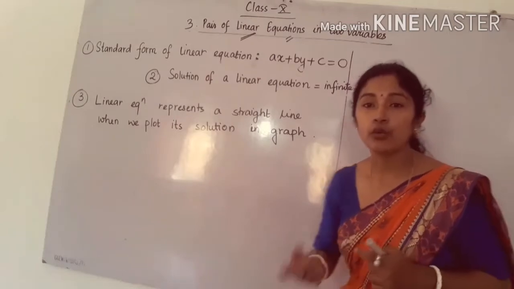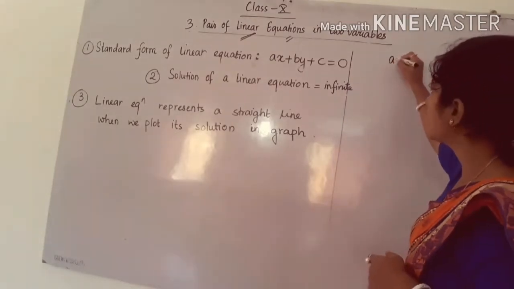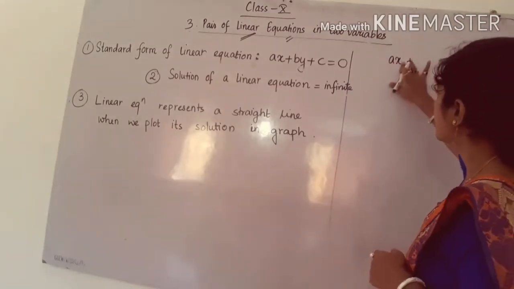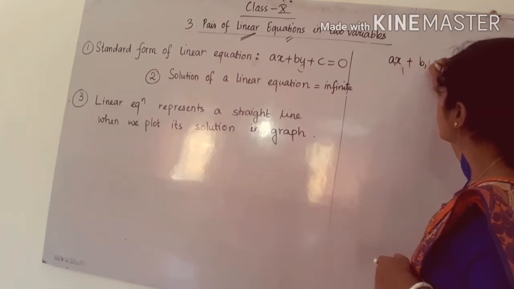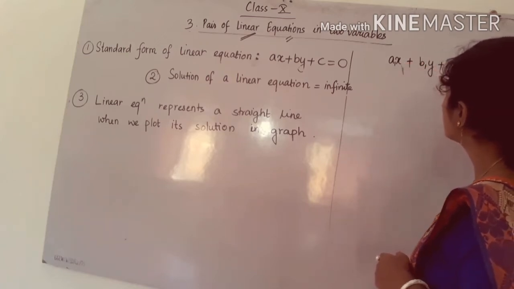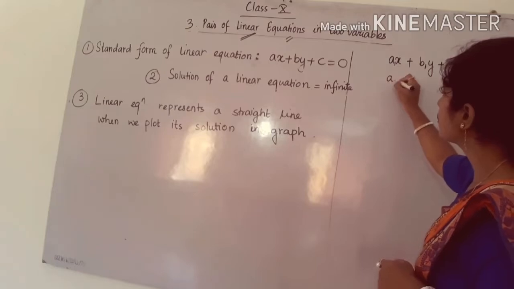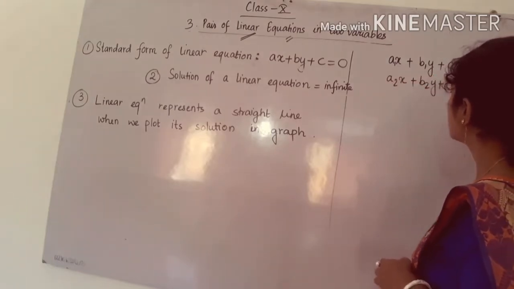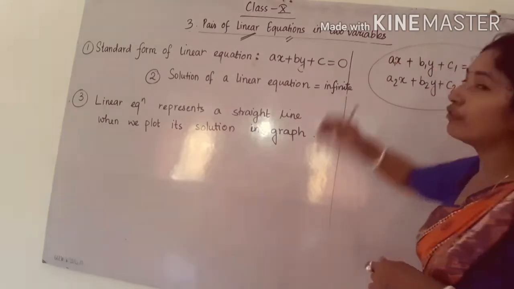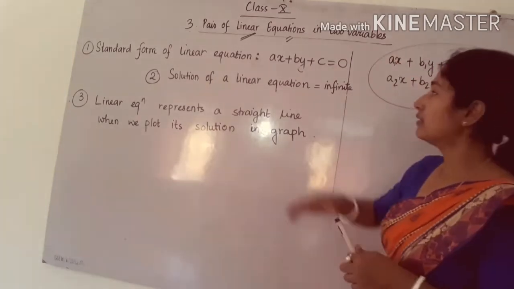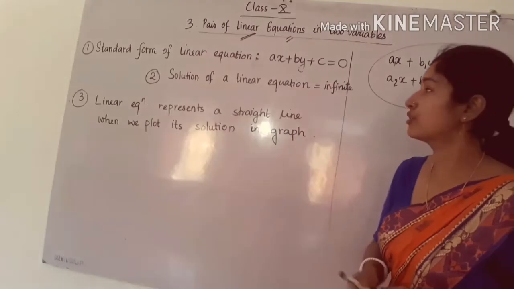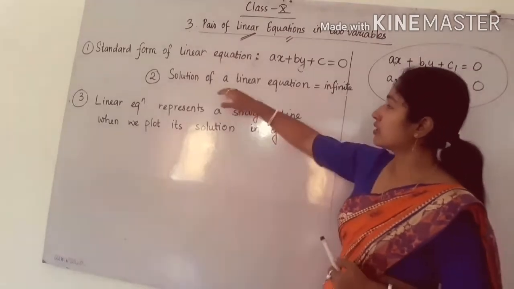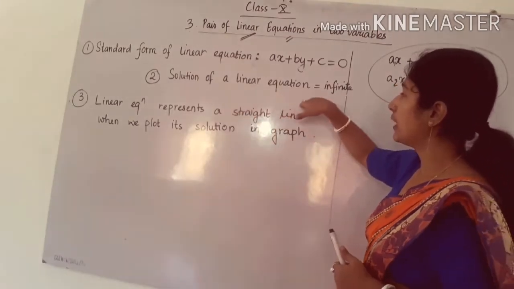Remember, if there are two linear equations, then you have to write a1x plus b1y plus c1 equal to 0, and the second linear equation will be a2x plus b2y plus c2 equal to 0. So this is the standard form of two linear equations, and this is the standard form of a linear equation.